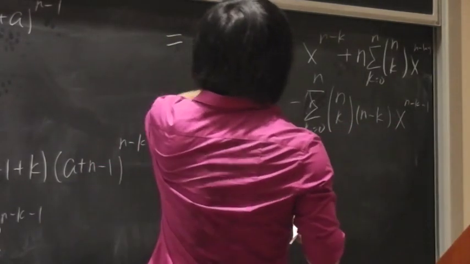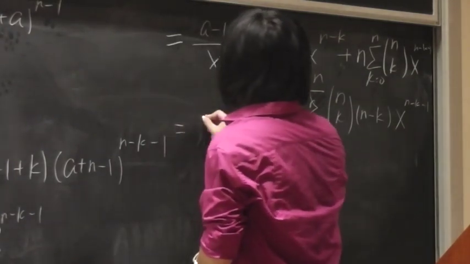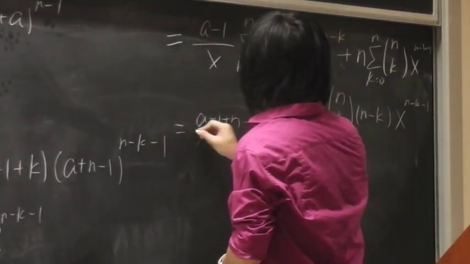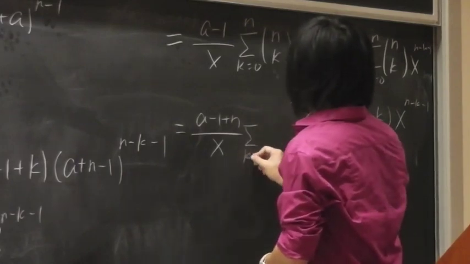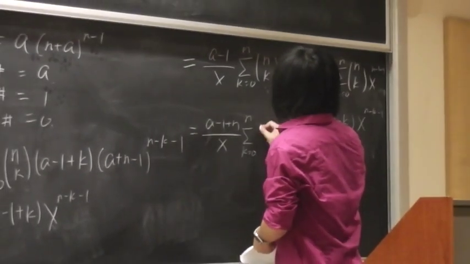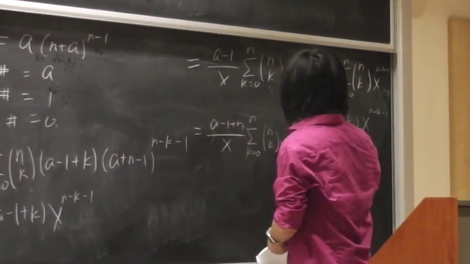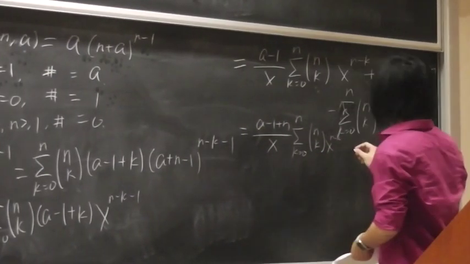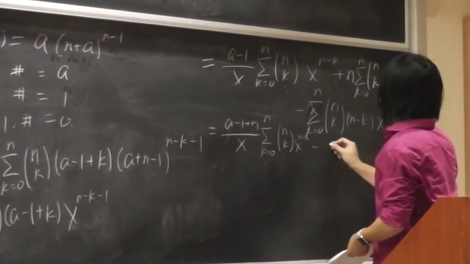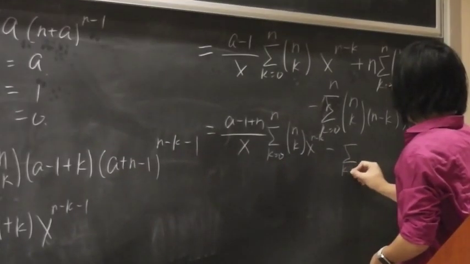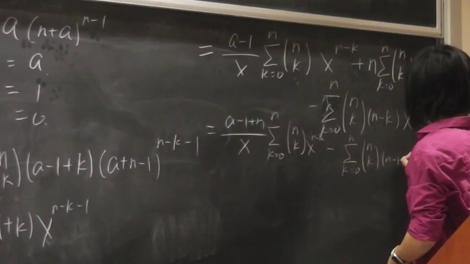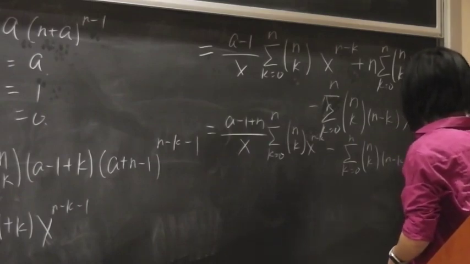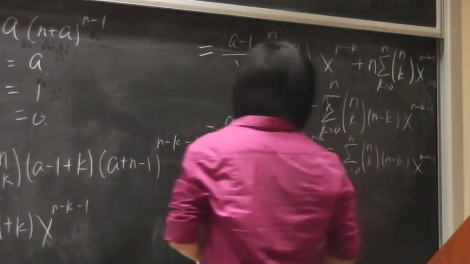So for the first two terms, we can combine them. Then it will be a minus 1 plus n over x times the summation. Now it's easy to see what it is.